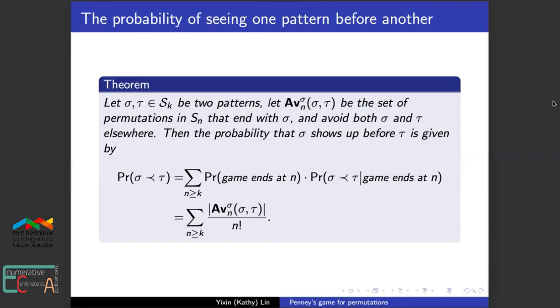For the same sigma and tau of length k, let AV sub n to the sigma of sigma and tau be the set of permutations in S_n that end with sigma and avoid both sigma and tau elsewhere. Then the probability that sigma shows up before tau can be computed by summing over all n greater than or equal to k the size of this set divided by n factorial.